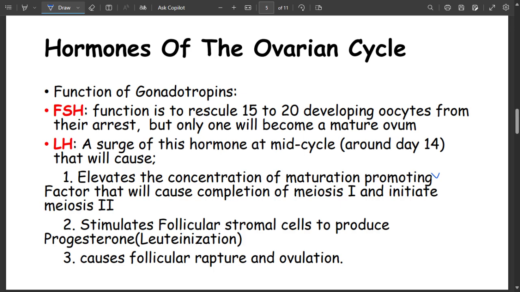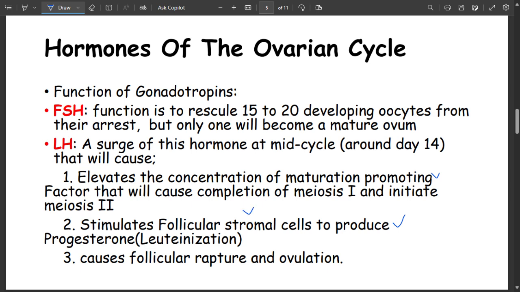This is going to cause completion of meiosis 1 and initiate meiosis 2 in the oocyte. The other thing that is going to happen is stimulating the follicular stromal cells to produce progesterone. In other words, it is known as luteinization. That is where the luteinizing hormone kind of gets its name, so to say. So it luteinizes the follicular stromal cells to produce progesterone.